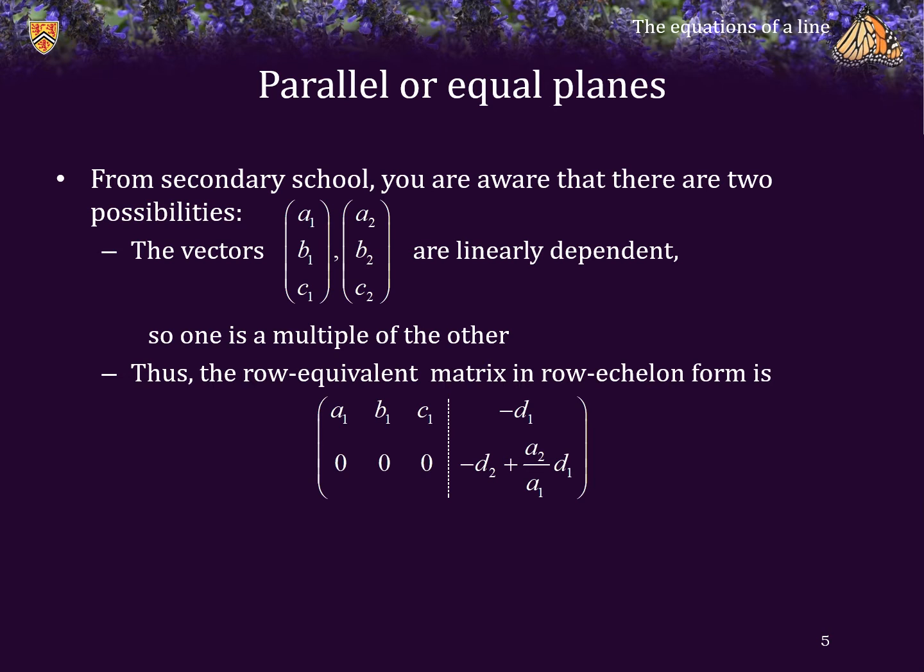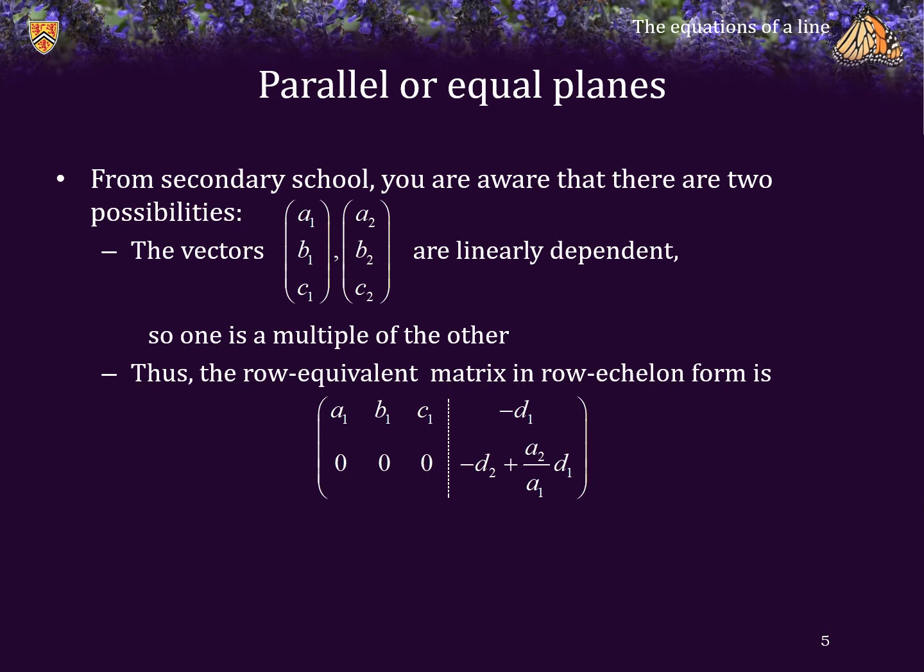We will add negative A2 over A1 times row 1 onto row 2, and that produces this matrix here. It is in row echelon form. You'll notice, however, that there are two free variables, but the rank of the matrix is 1.